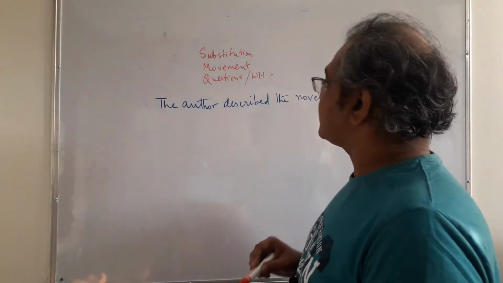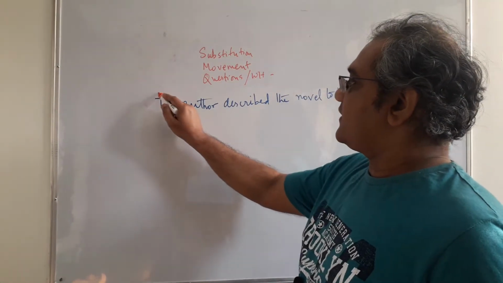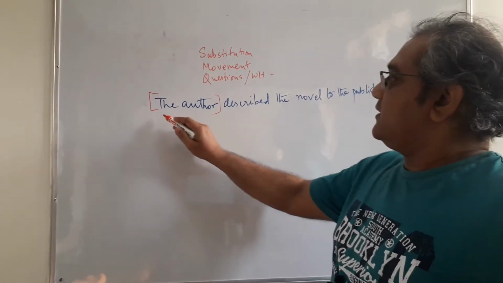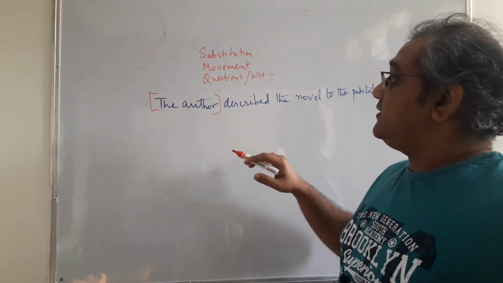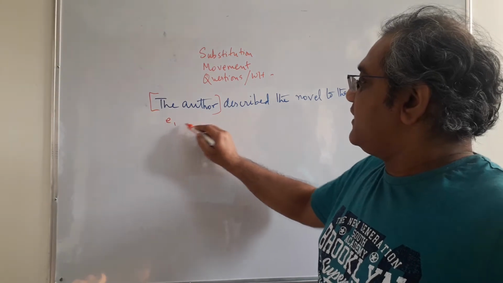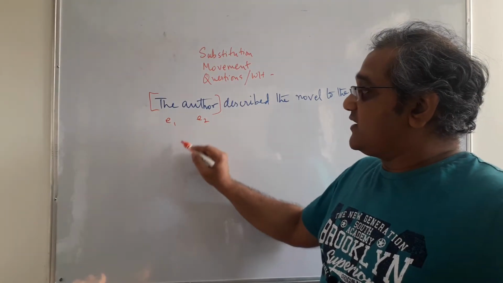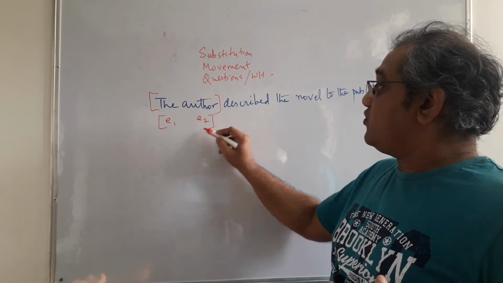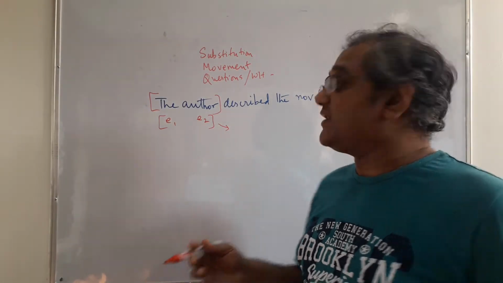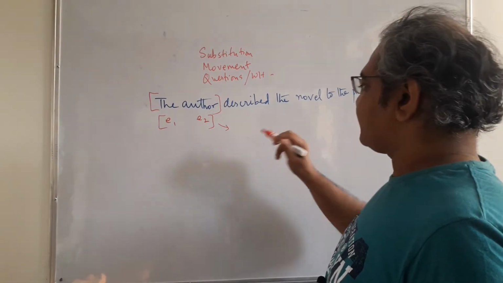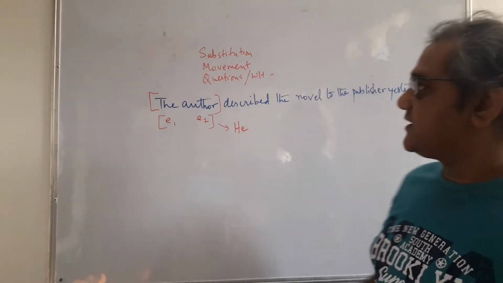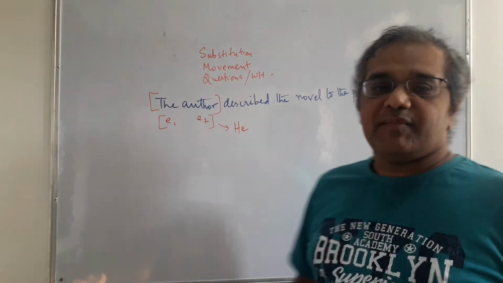So what is substitution? We first test whether a constituent like this is an immediate constituent, or a cohesive constituent or not. This is element 1 and this is element 2, so taken together it's a unit of element 1 and element 2. If you can substitute this by any other cohesive unit, for example by a pronoun, he, this becomes: he described the novel to the publisher yesterday.